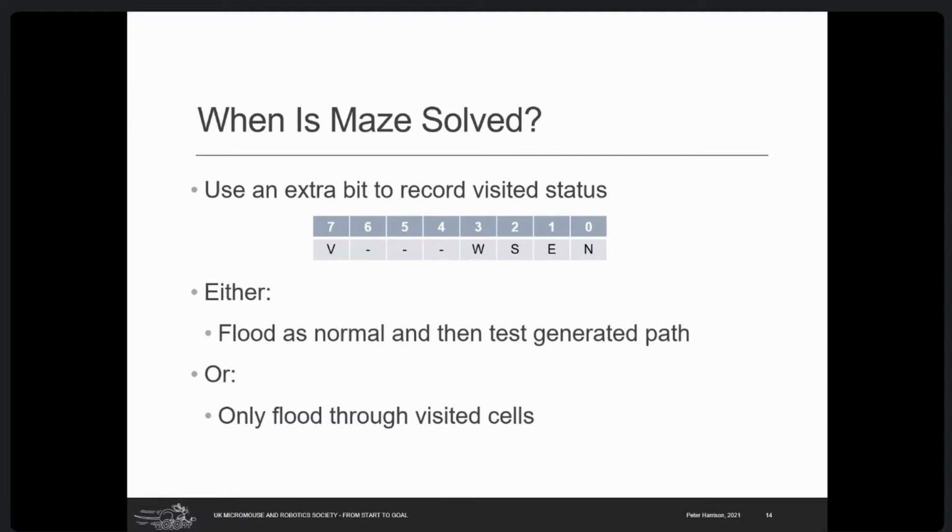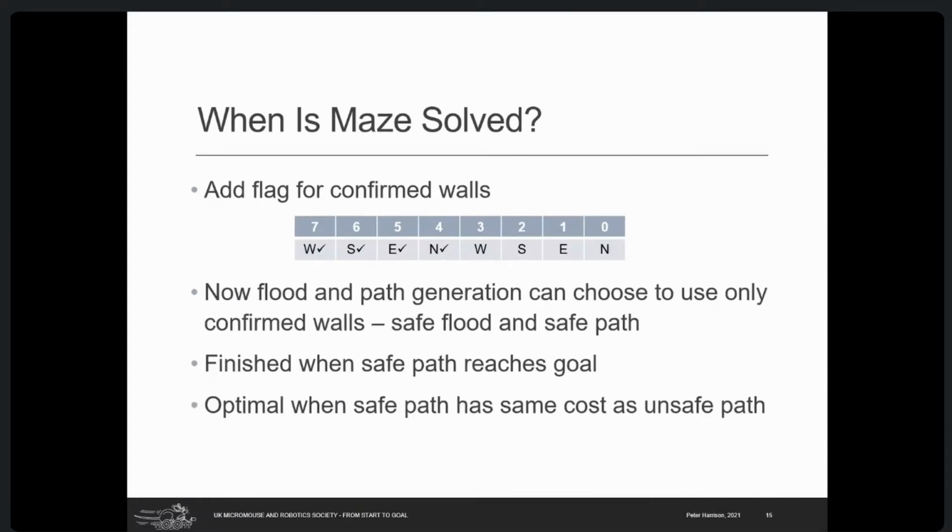It's simple, it's reasonably straightforward, but it complicates the algorithm slightly, and you have to be a little bit careful about what's going on. An alternative is to add an extra flag for each wall. So we've still got the 4 bits for the walls, and then we have another 4 bits which say, I have definitely seen that wall, or space, as the case may be, right?